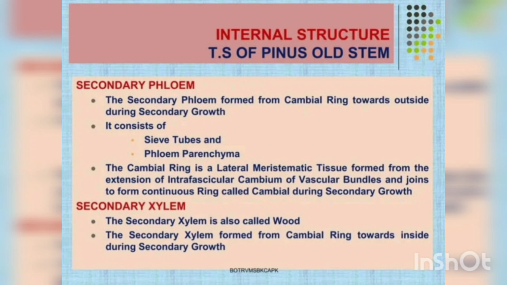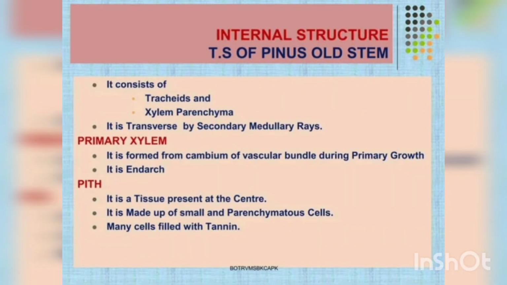We've already learned that gymnosperms show two types of wood, that is the monoxylic wood and the pycnoxylic wood. In Pinus we can see pycnoxylic wood. This secondary xylem consists of tracheids and xylem parenchyma with vessels absent. Okay, and it is traversed by secondary medullary rays also.